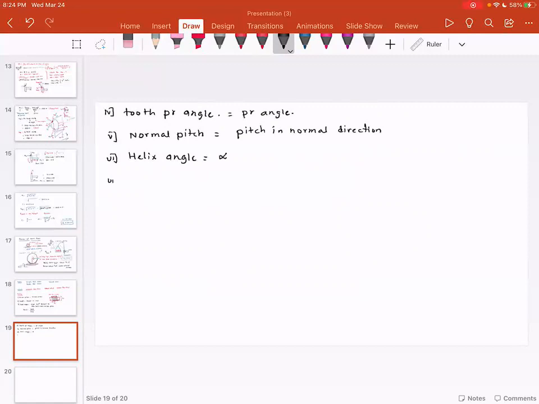Then we have the velocity ratio. And velocity ratio is speed of the worm divided by the speed of the wheel. So please remember this, speed of worm. Worm is always going to rotate faster, divided by speed of wheel.